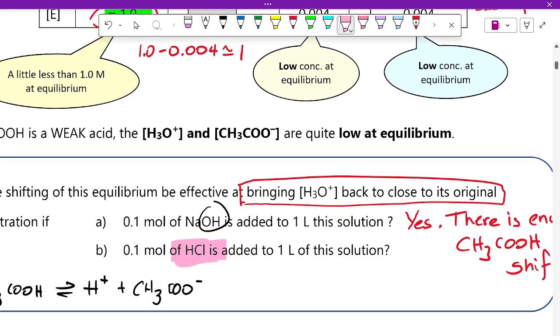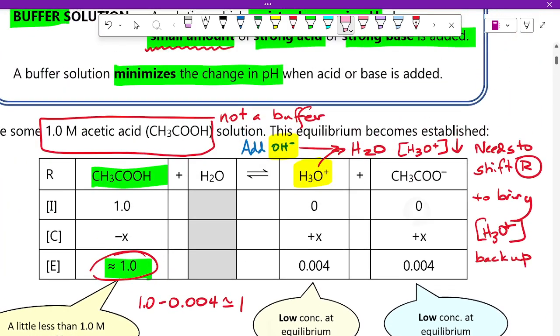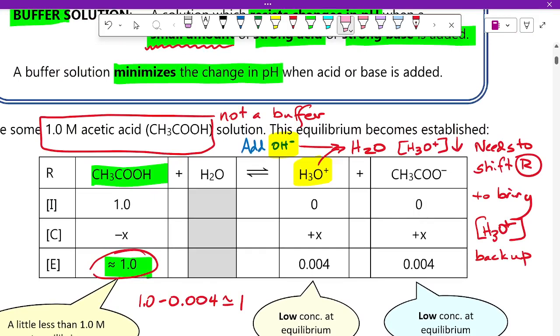Now, what if we add 0.1 mole of HCl? So now what we're doing is, which way will this equilibrium shift? It'll shift to the left.